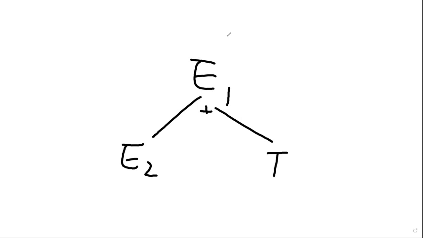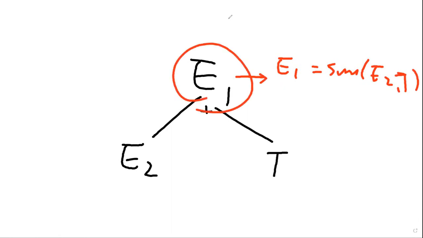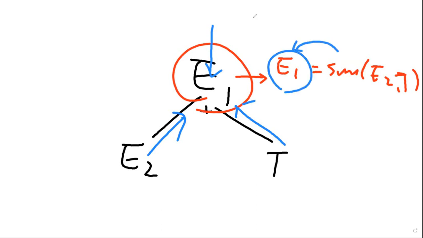So we declare E1 equals the sum of E2 and T. We declare this attribute grammar on this node. So when we evaluate down to here, the value of this one and the value of this one will help to evaluate the sum for this one. Is that okay?